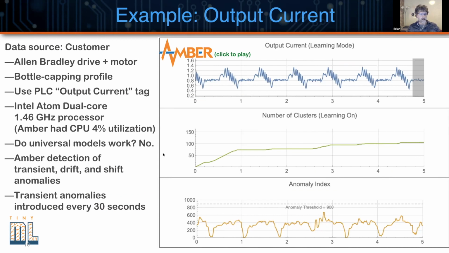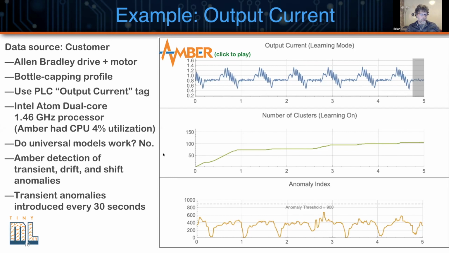For our input into AMBER, we used the PLC output current tag. The compute resource we were using was what was available on the customer's compute module, which was an Intel Atom dual core 1.46 gig processor. On this processor, for 1,000 samples per second, AMBER was consuming only 4% of that processor.